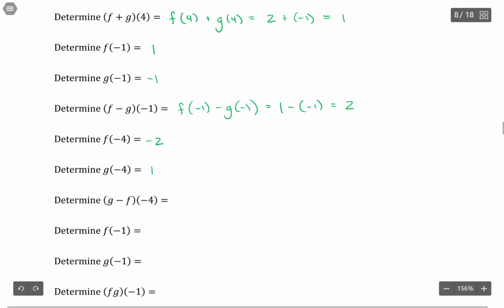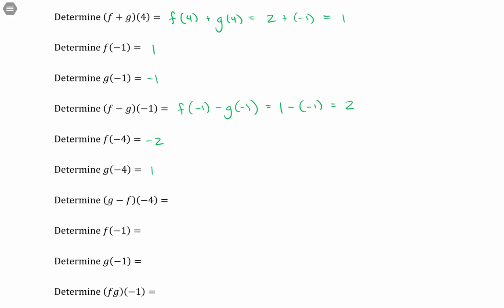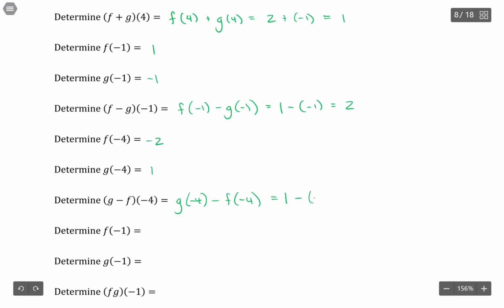So g minus f of -4 would be the function value g of -4 minus the function value f of -4. g of -4 we determined to be 1, and f of -4 we determined to be -2. So 1 minus -2 is the same thing as 1 plus 2, or 3.